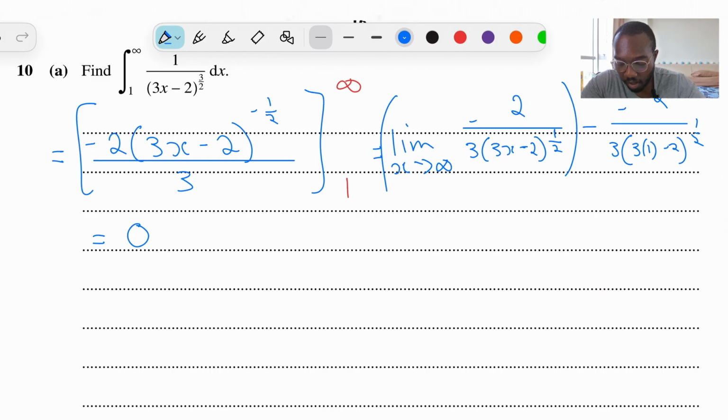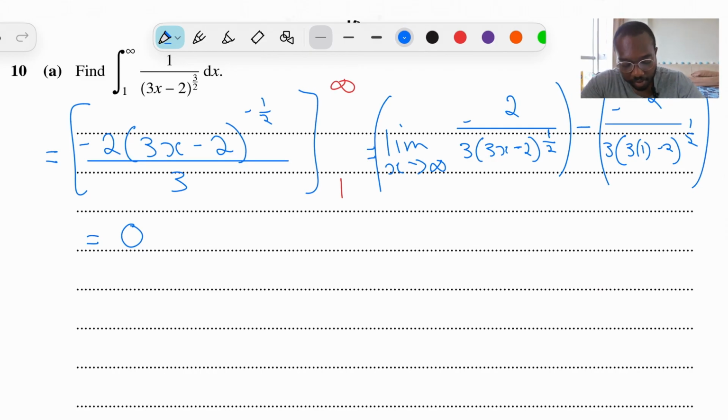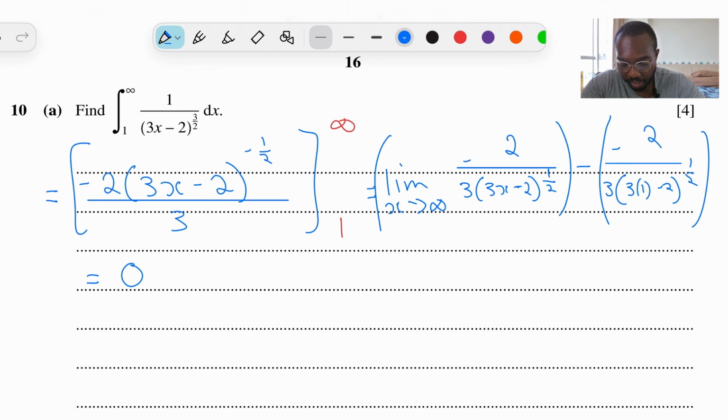And for our other one now, we have this value over here. Well, that would just be minus 2 over 3 times 1 to the power of a half, and 1 to the power of a half is 1.